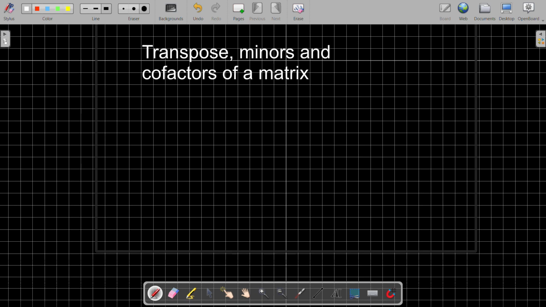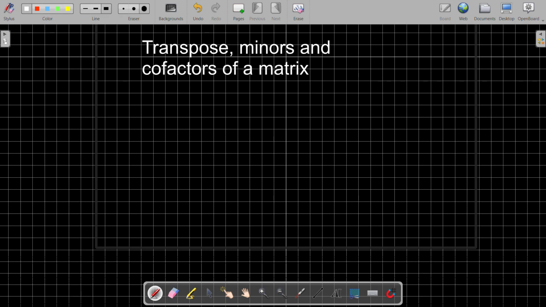So to first define the minor of a matrix, we need to define what a determinant is, at least for a 2 by 2 matrix. So first off, the determinant of a matrix.